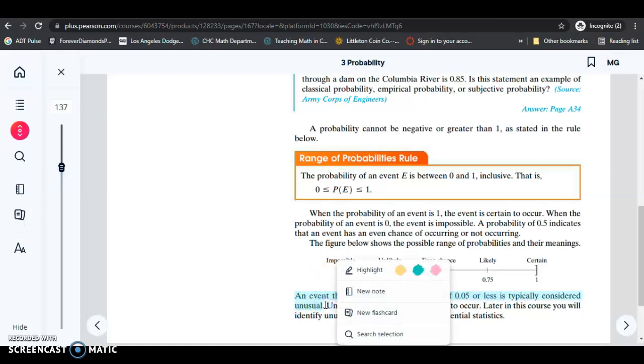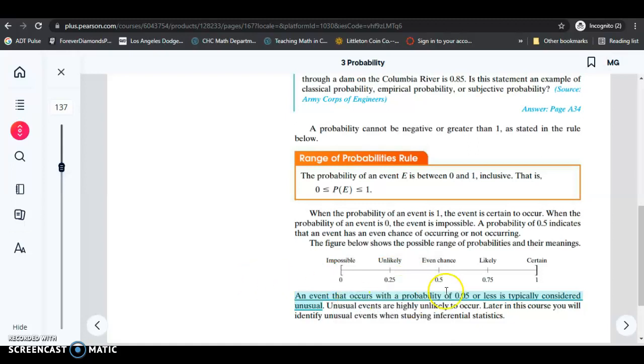So that's what we're looking for. That's our criteria for an event that has an unusual probability or an unusual likelihood of occurrence.